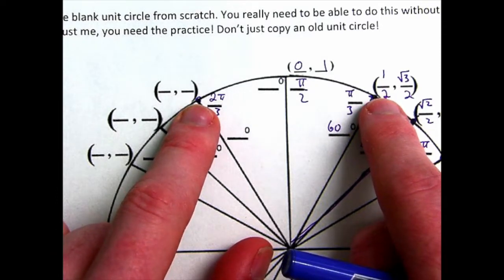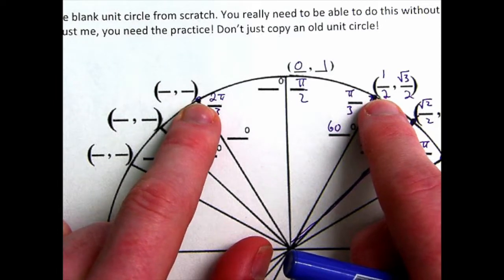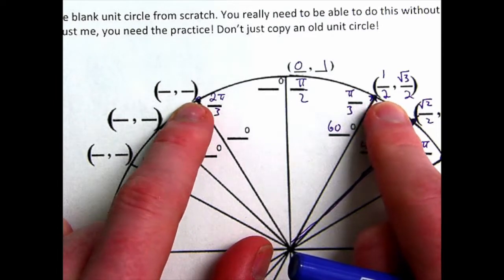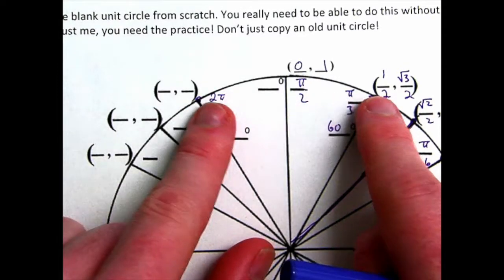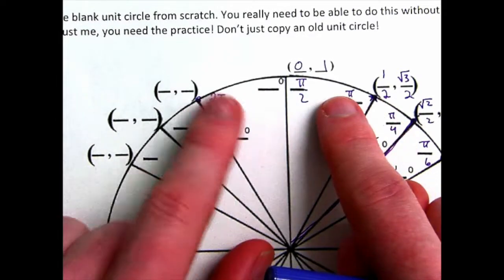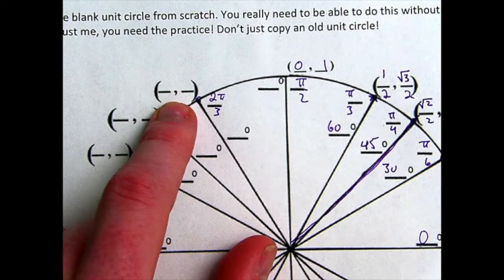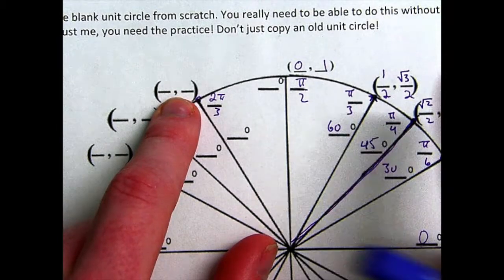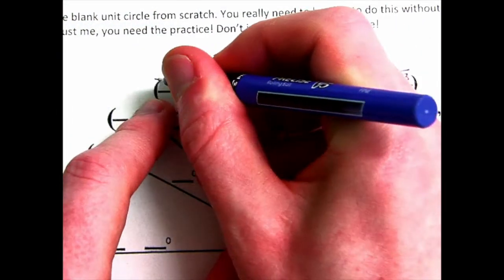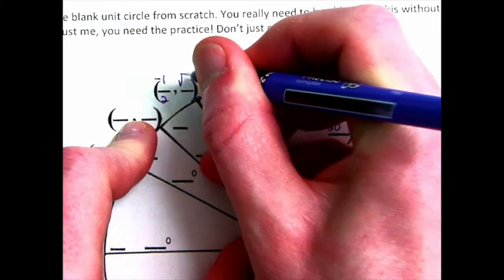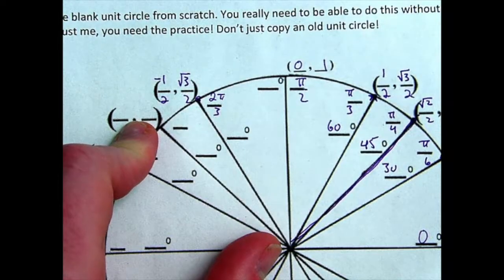The height is the same. As far as the x coordinate is concerned, the distance from the y-axis is the same, except the x coordinate here should be negative. So the coordinates of this point will be the same as the coordinates of this one, just with the x coordinate negative. So that's going to be negative 1/2, comma, root 3 over 2.